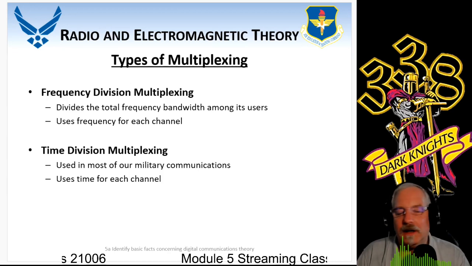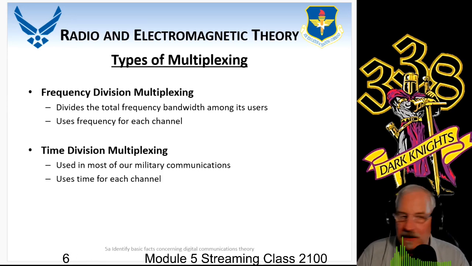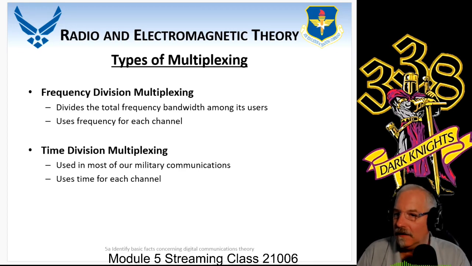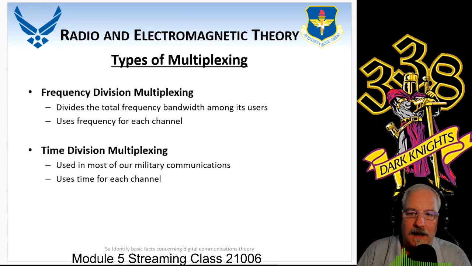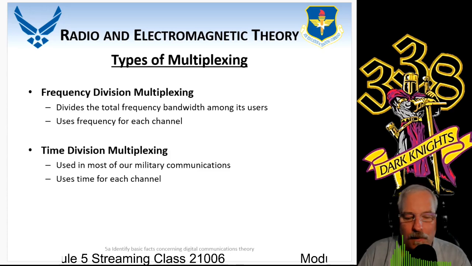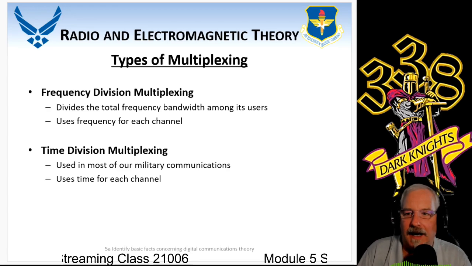The next thing we look at is types of multiplexing. There's frequency and time. Frequency means just what it says. It's all about the frequencies. Time, it's all about the time. In other words, frequency is I have this particular frequency and a frequency bandwidth, and everybody is using that frequency. Okay.